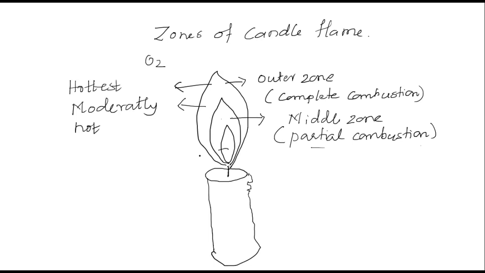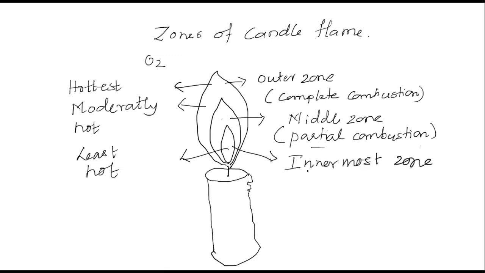And the last one, it's the least hot, and that is called the innermost zone. And there is more unburnt wax available. And why more unburnt wax?